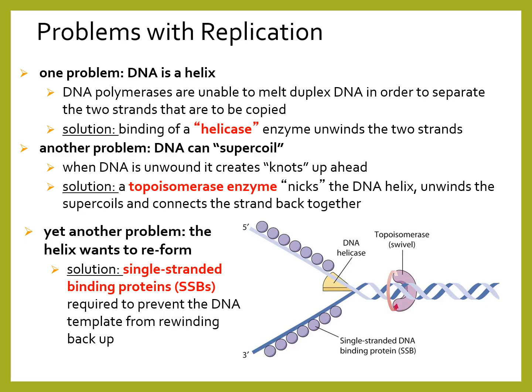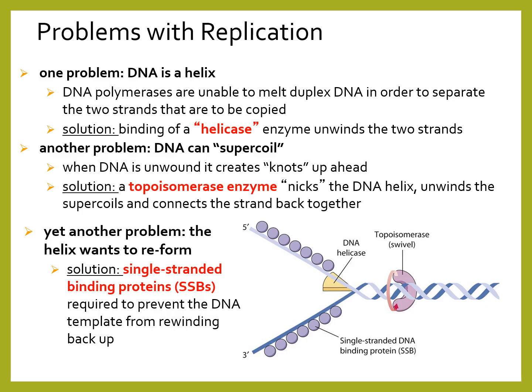That strand can then whip around, relieve the tension, you get rid of the supercoiled knot, and then you connect it back together again. So as our helicase is unwinding a section of DNA, there is a topoisomerase getting rid of the supercoils that this unwinding is creating. As that helicase moves, there's got to be a topoisomerase in front of it. So the first two problems are kind of linked together.